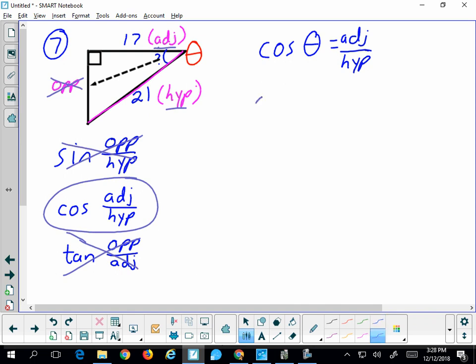So I'm going to rewrite my formula. So cosine, in this case, I don't know theta. That's what I'm trying to solve for. So I leave my theta. If you write a question mark here, because that's what's in our problem initially, that's fine too. And now we fill in our 2 values for the adjacent side, which is 17, over the hypotenuse, which is 21.